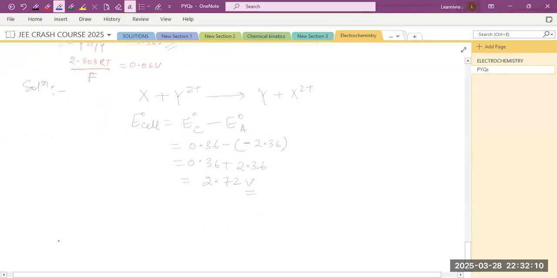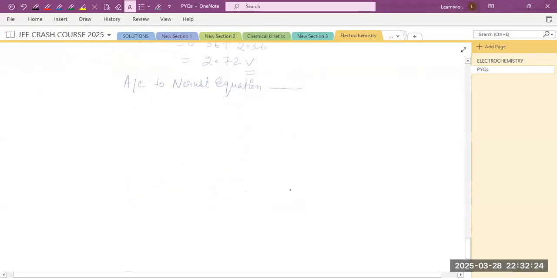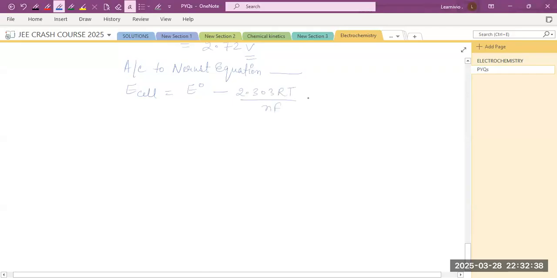Now, according to the Nernst equation, E cell is equal to E naught cell minus 2.303 RT upon nF log. Now substitute the values given over here.